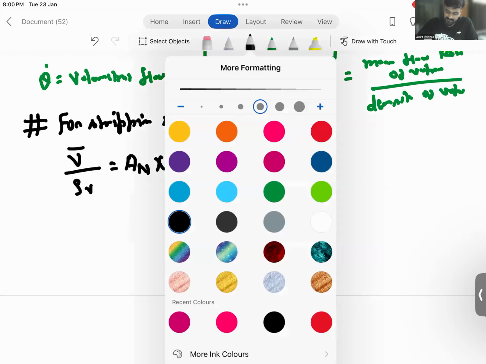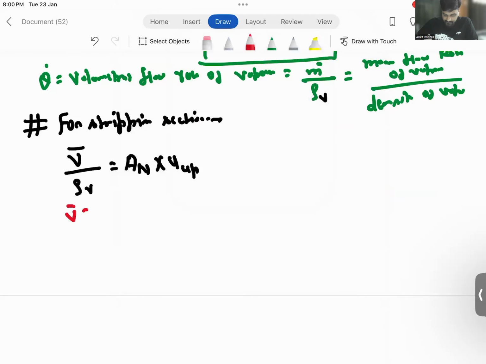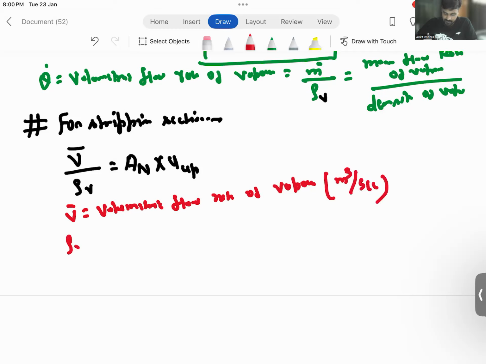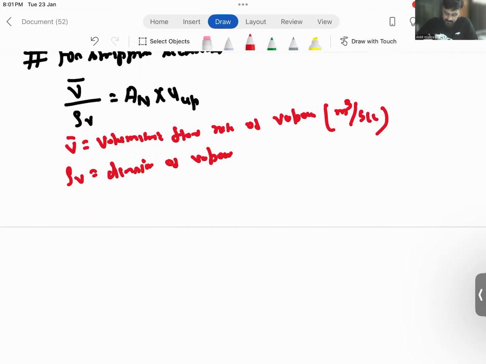So what is the significance of all these things? Just try to understand. V bar is your volumetric flow rate of vapor, and that will be in meter cube per second. And rho v is your density of vapor at that particular condition in the distillation column.